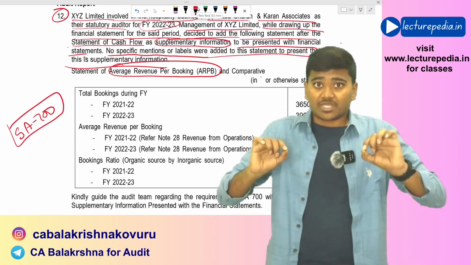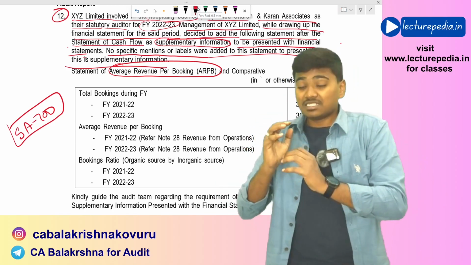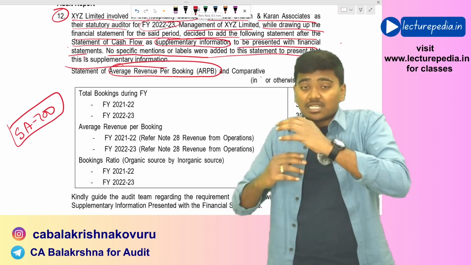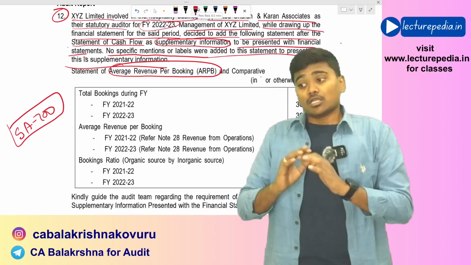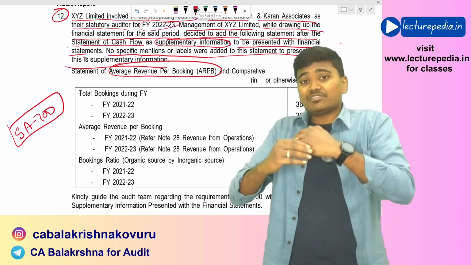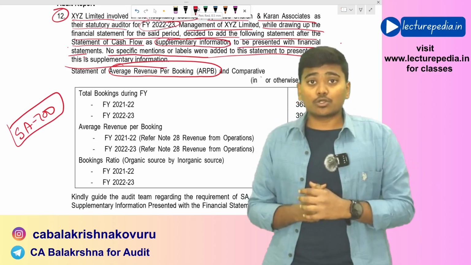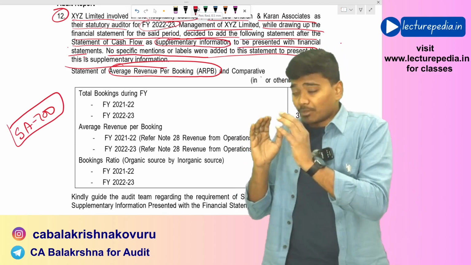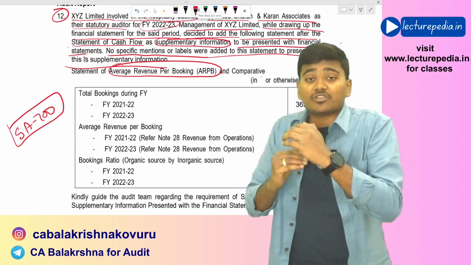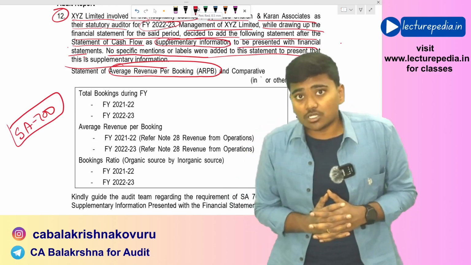Now, suppose the supplementary information has been presented by management in such a way that it looks like an integral part of the financial statements, though it is not. The users, by reading the financial statements, will conclude that this supplementary information is an integral part and that the auditor has included his opinion on it also.